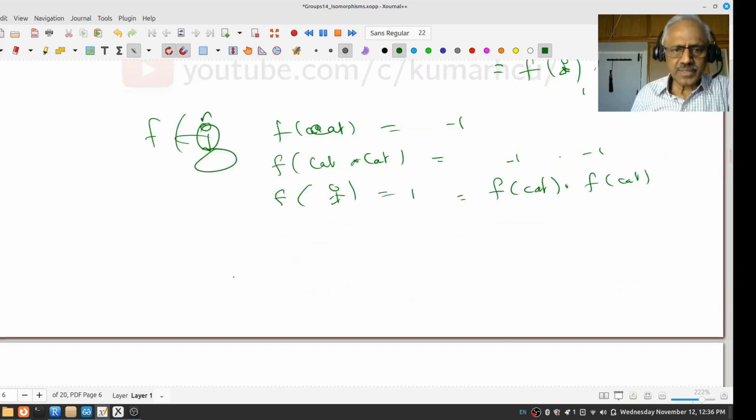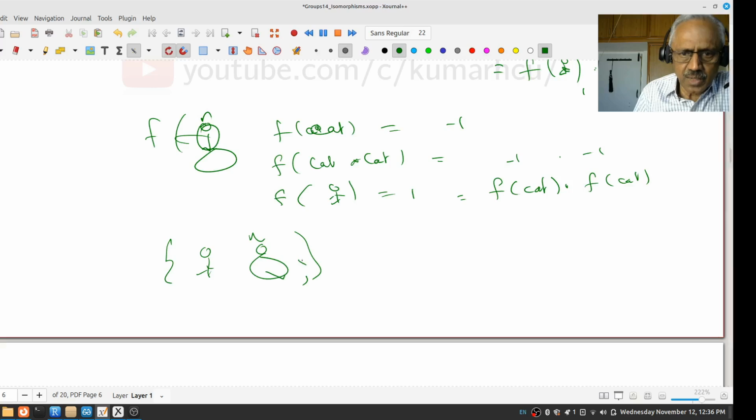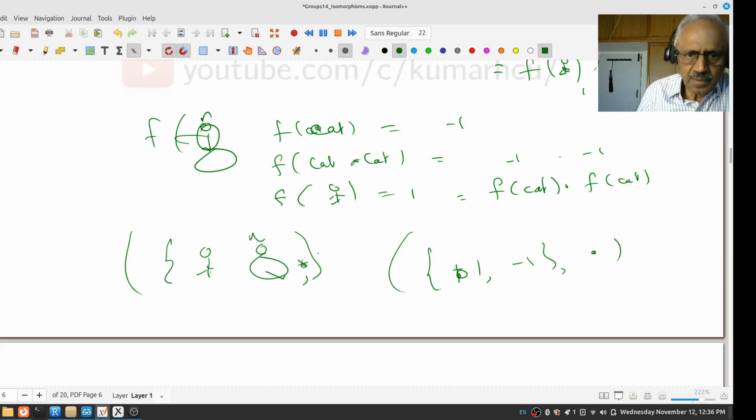So what I am trying to say is, this group with the star, and this group, 1 and -1 with the dot, I have to write it like this. The binary operation is star.